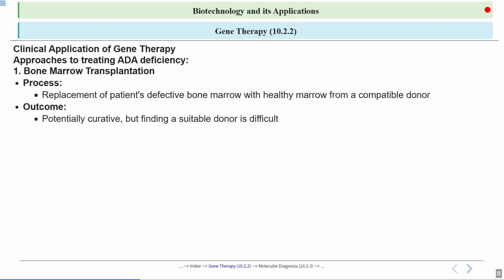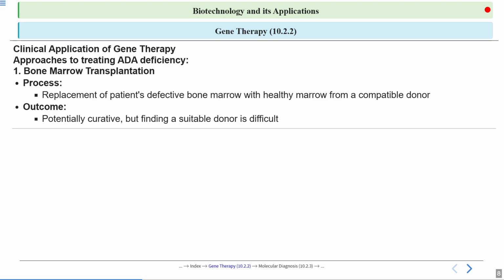And what is the outcome? Potentially it cures the disease, but finding a suitable donor is very difficult. Mostly the body rejects others' bone marrow, so it becomes very difficult to find a compatible donor.